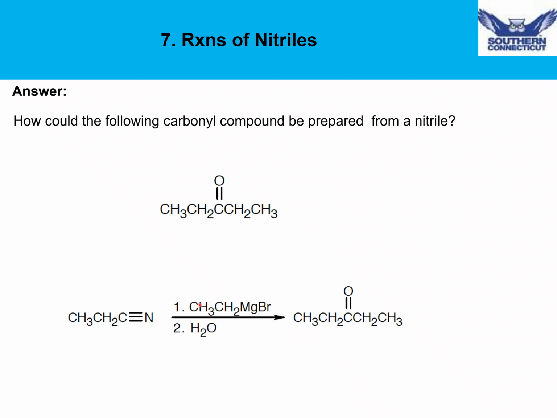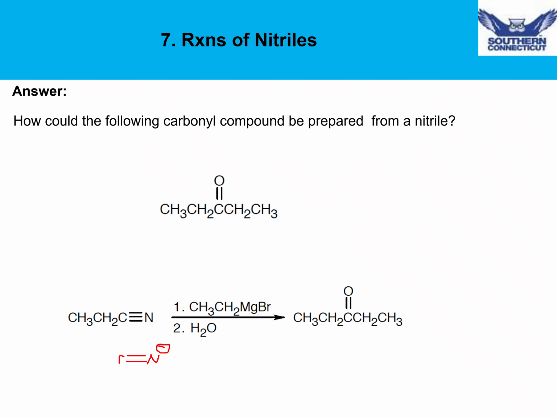And so in this case, we're adding an ethyl group. And then we will initially obtain a nitrogen double bond. So the nitrile here will be converted into an imine anion.